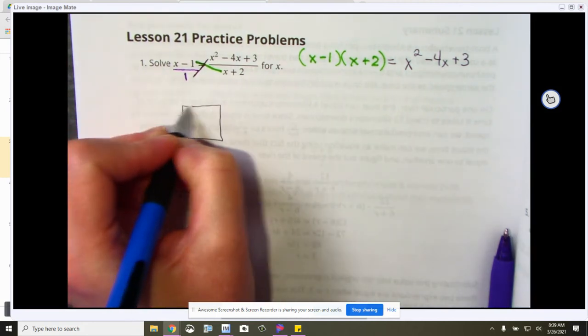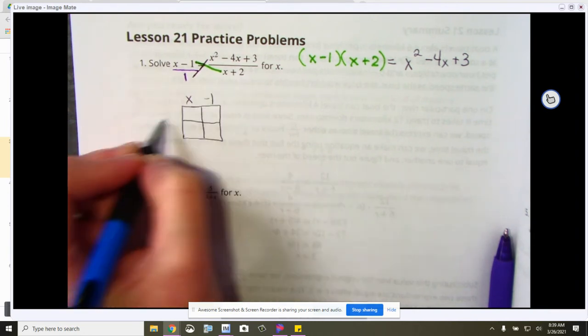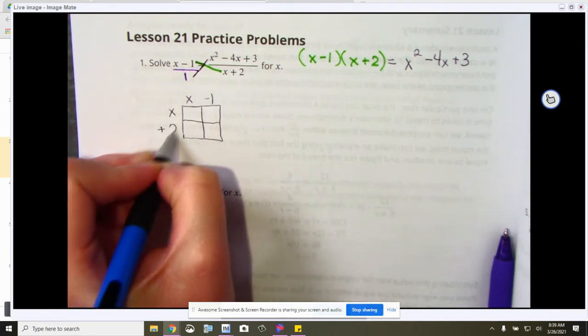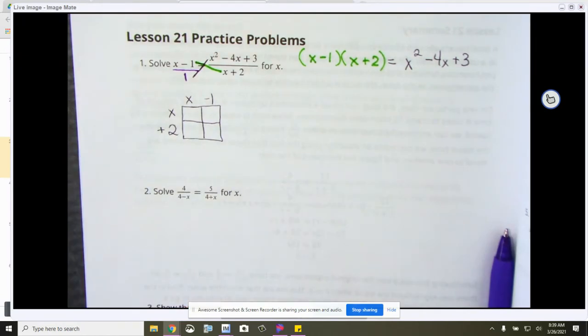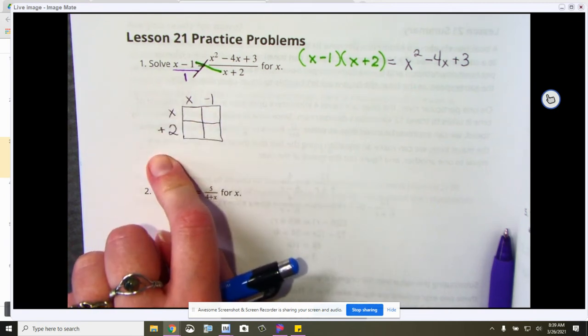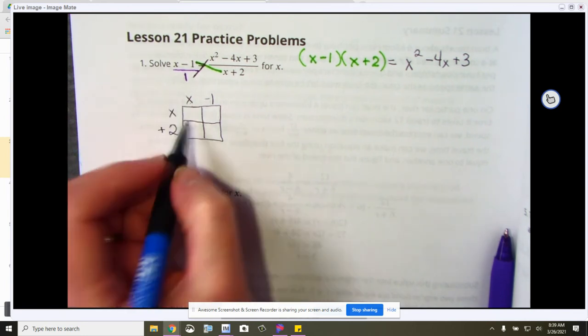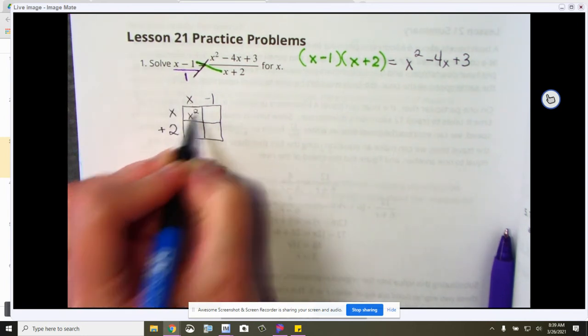So I'm going to set up my little grid over here. If you prefer distributive property, go ahead and use distributive. Just make sure you're multiplying everything by everything else. So I'm multiplying x minus 1 times x plus 2. X times x is x squared.